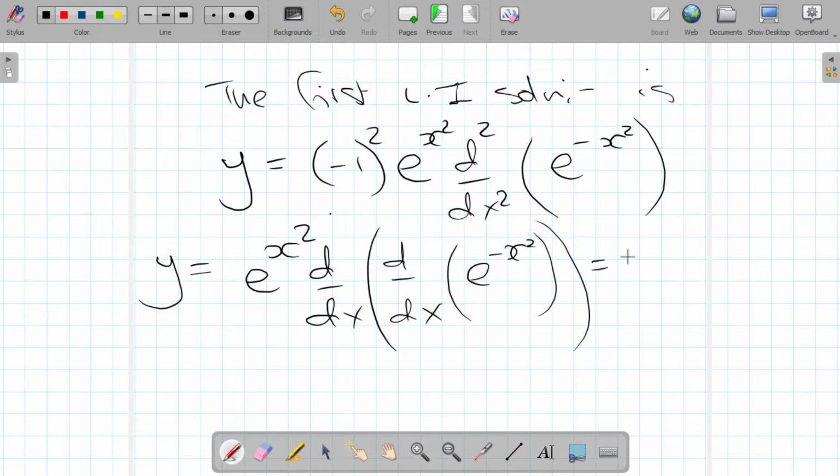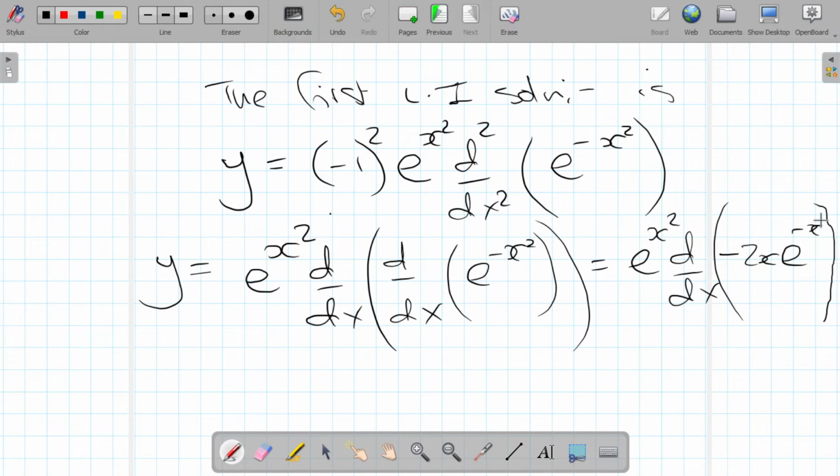And if we do that, we write it down properly: e to the x squared times d by dx of the first derivative of e to the minus x squared. Well, that is simply minus 2x e to the minus x squared, right?